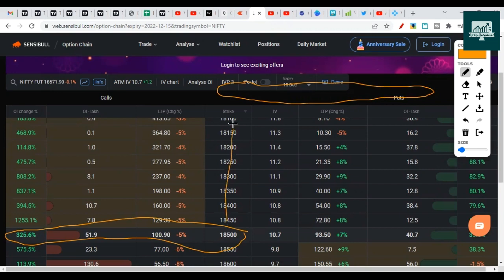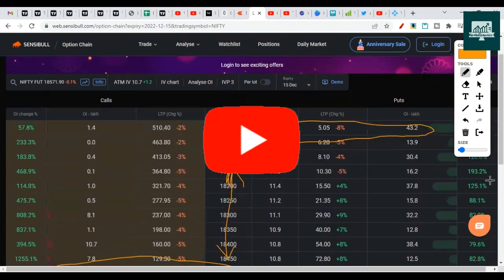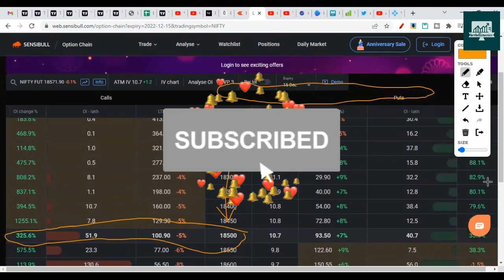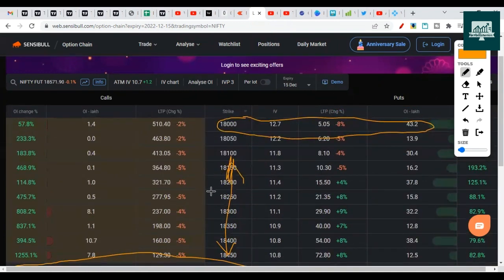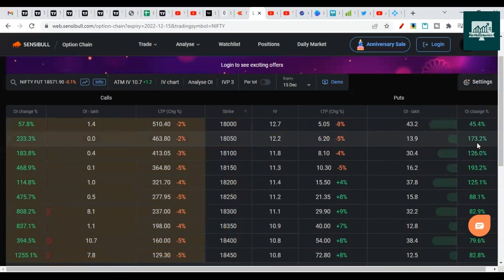This is the only conclusion that we can draw from the option chain as of now. Nifty should not be able to easily cross 18,500, and it should slip towards 18,300 first, and below this it should slip towards 18,000. So this is how we can consider the option chain for the next week.